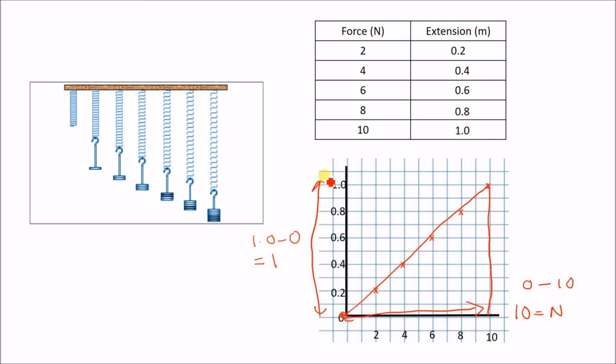Okay? Now I just said that really on the y-axis, instead of plotting the extension, you should really plot the force, because our relationship should be that the gradient should always be equal to the change. Remember, delta means the change in y divided by the change in x. Now, if we plotted this, they would be the wrong way around.